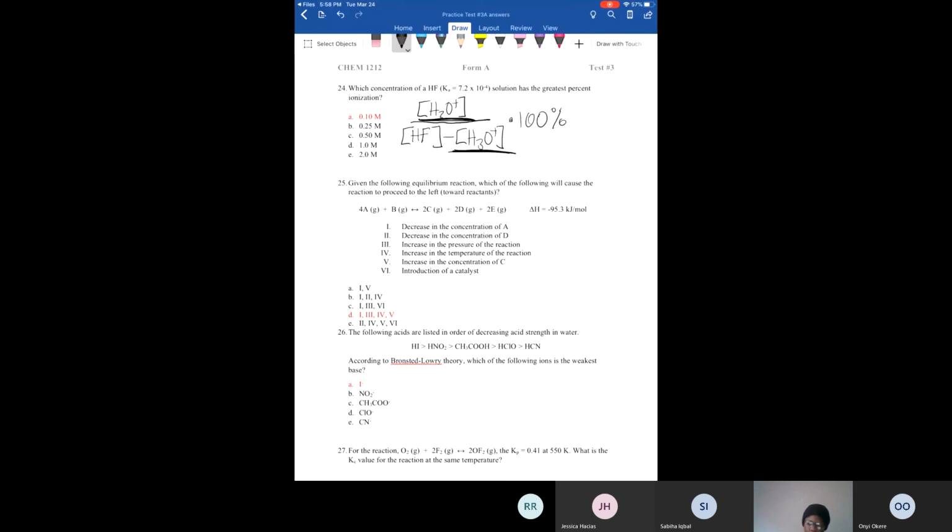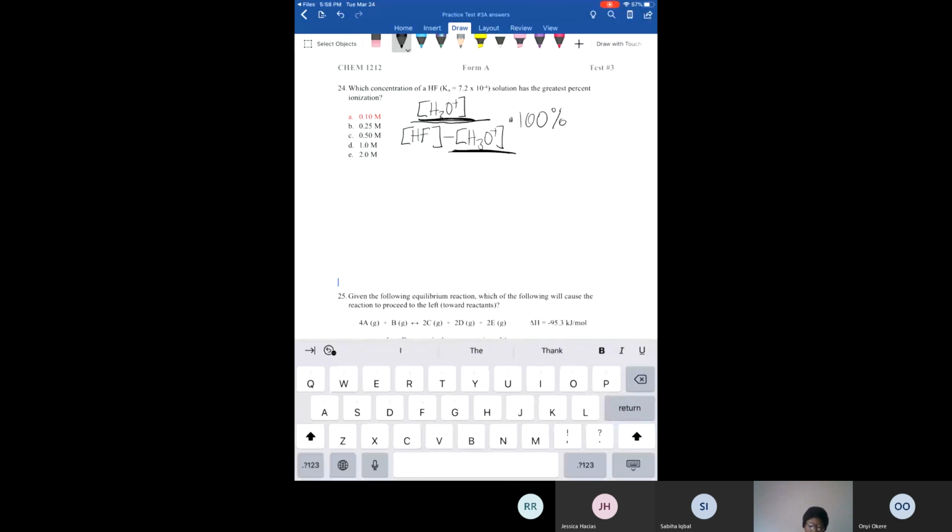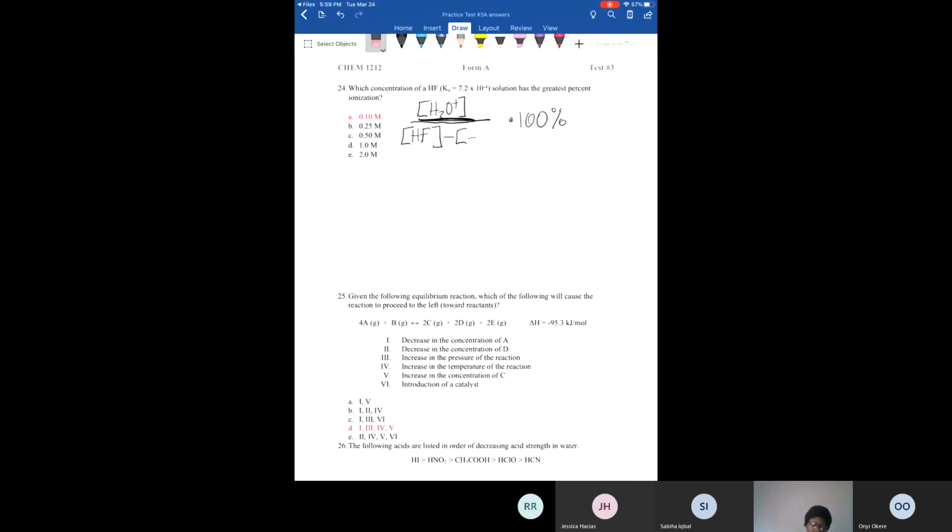I don't think you were given this formula. Oh, my bad, sorry. Actually, it's not that. It should be your initial concentration of acid, not the change.